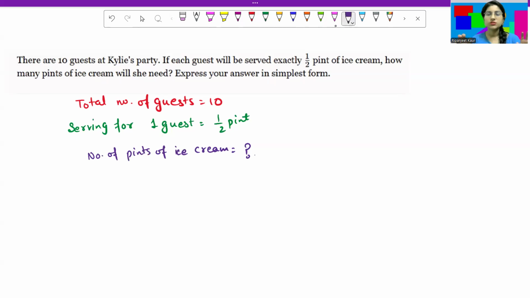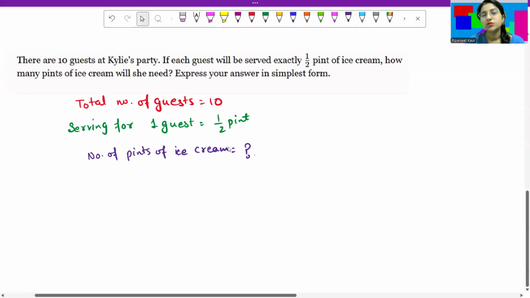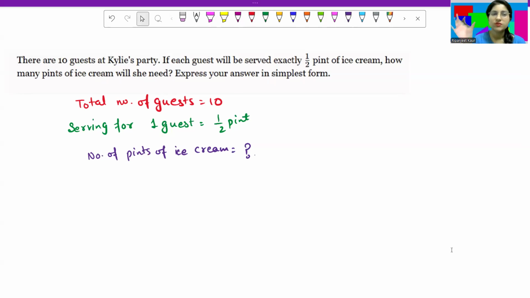I just read the question statement and wrote down what are the things given. That's all. Any question here? No. Okay. So whenever the question is this way, that some total number of things are given, and a particular number is given for one thing, there is a specific formula which can be applied on every question of this format.